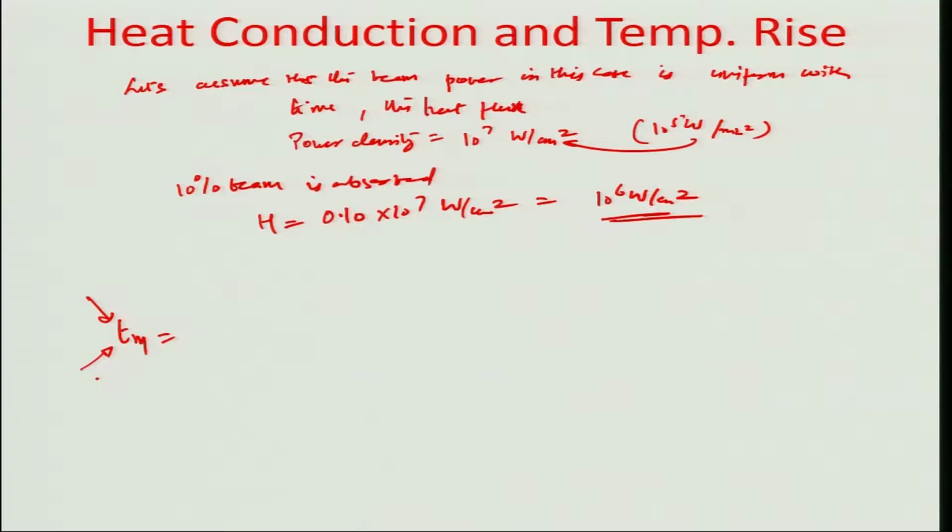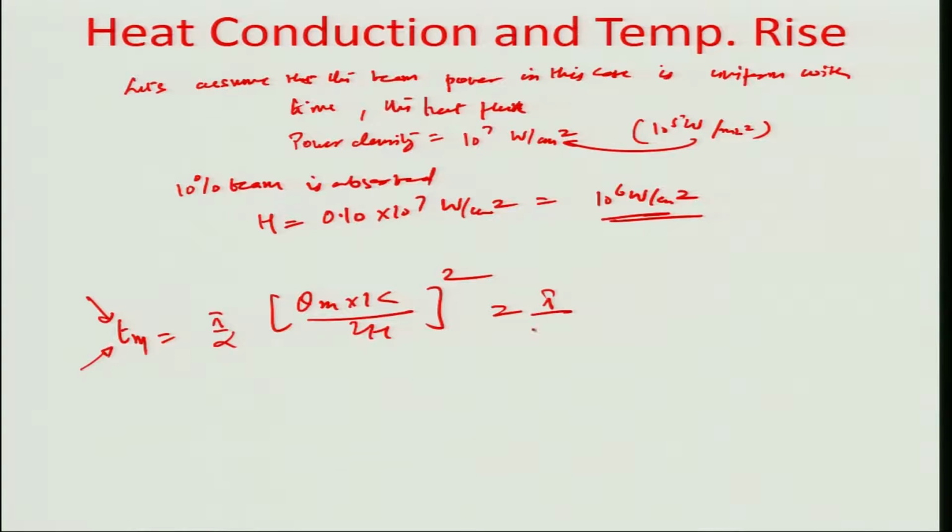The start of machining would only happen when theta equals theta m, the melting point of the material, which is given by the earlier formulation here: tM equals pi by alpha times theta m times K by 2H, whole square.